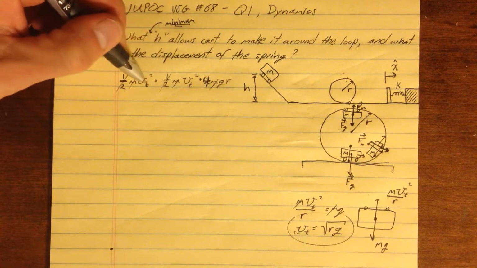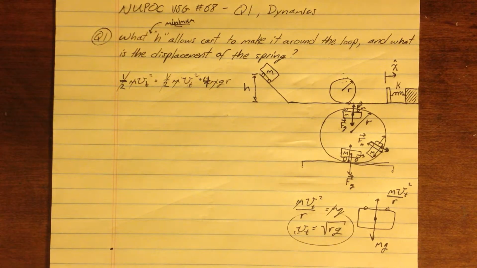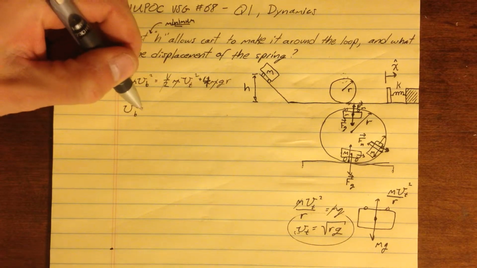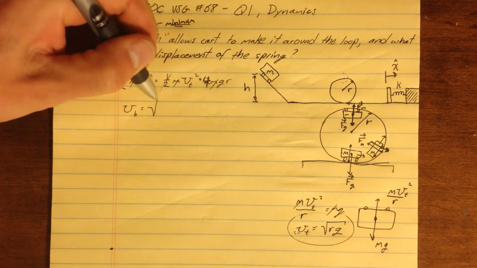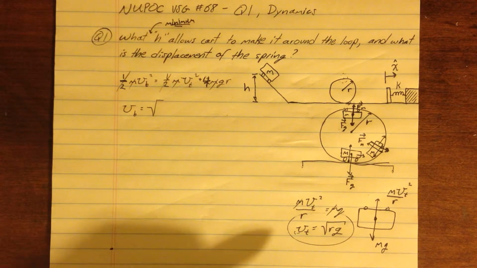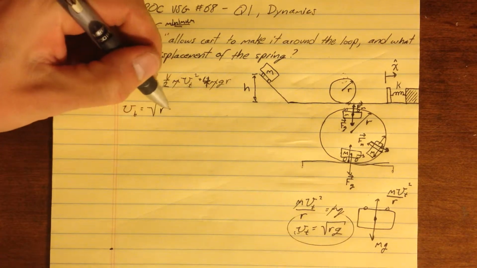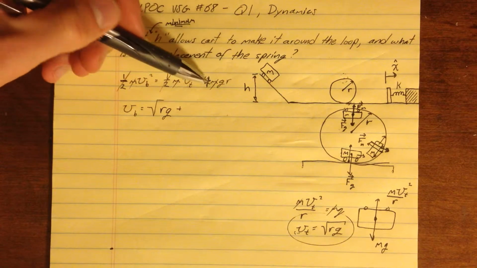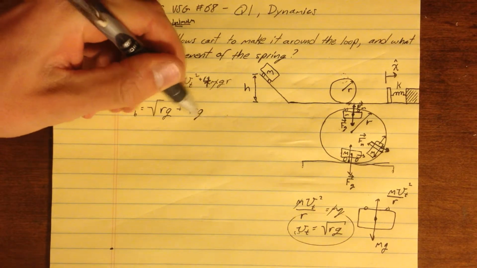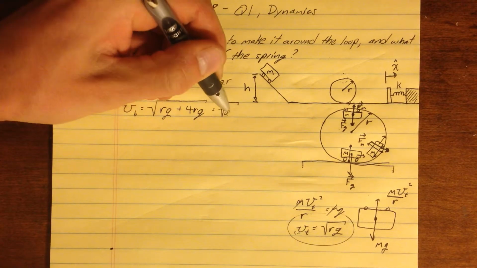We're interested in what the velocity at the bottom is, v_B, so let's go ahead and take the square root of both sides. And what we'll end up with is v_B equals root of v_T squared, but we know the v_T minimum is root rg, so it's root rg squared, which is just rg, plus 4gr, or just 4rg, which is root 5rg.